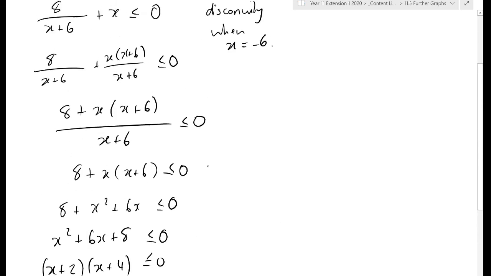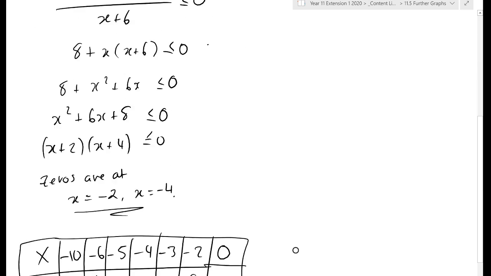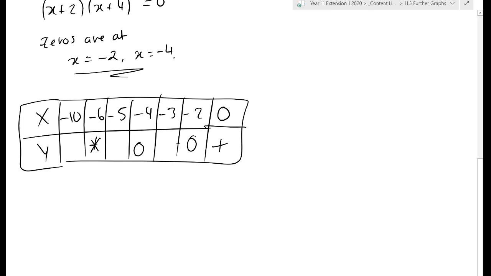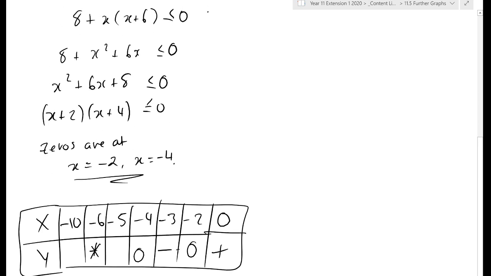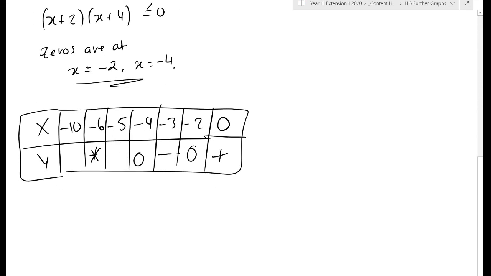Putting in negative 3, we're going to get 8 over a positive plus a negative number. So 8 over 3 plus negative 3 is going to give us a negative. Okay, so negative for that one. Putting negative 5 in should give us a positive, and putting negative 10 in will give us a negative. You can just verify those using a calculator.